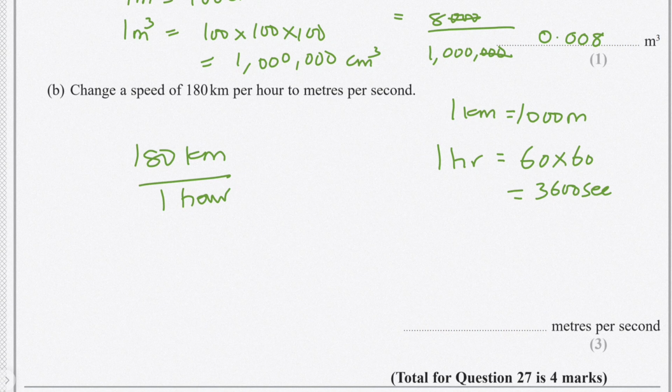So what does that imply? 180 times 1000 divided by 3600, and that will give us 50 meters per second.